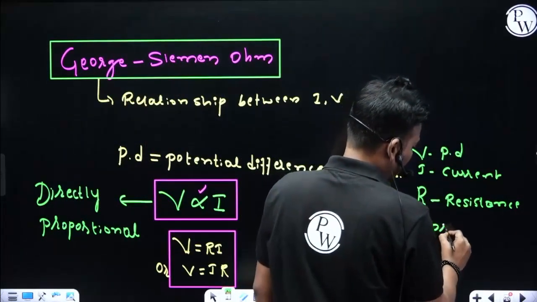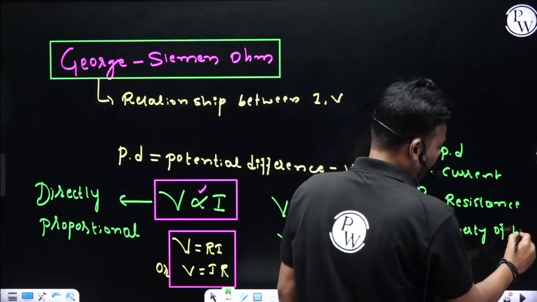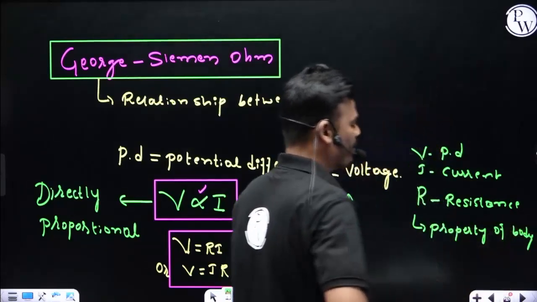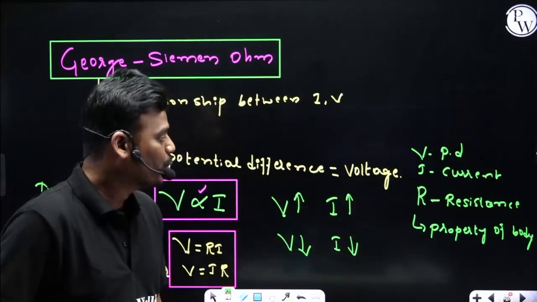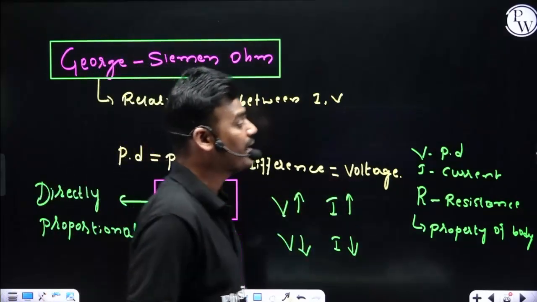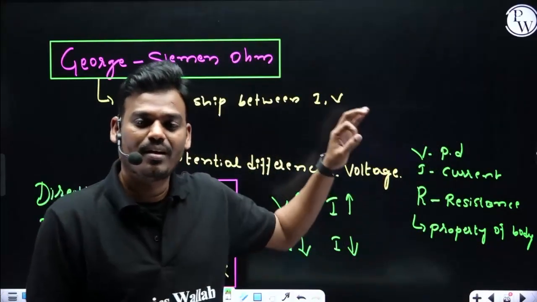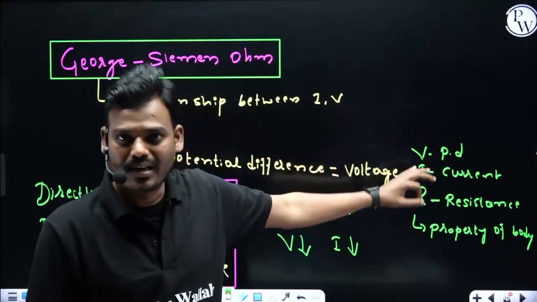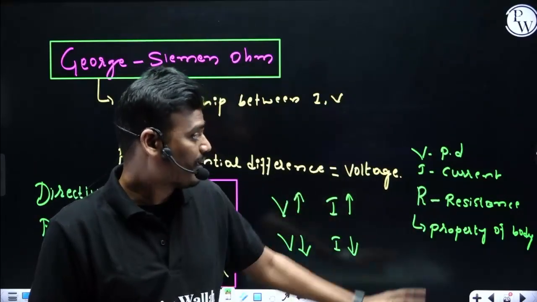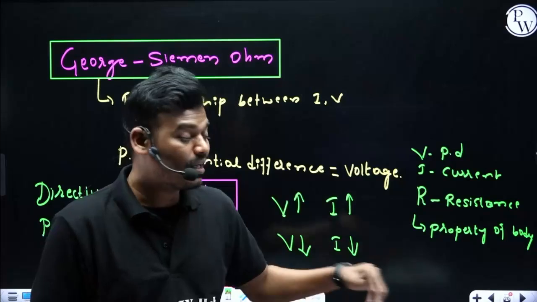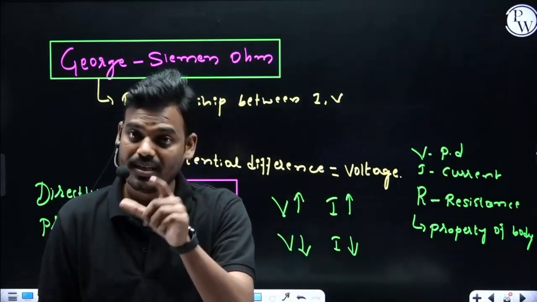If there is a property, there should be a purpose of that particular character. So what will the resistance of a body do for the current as well as the potential difference? We will see it later on.